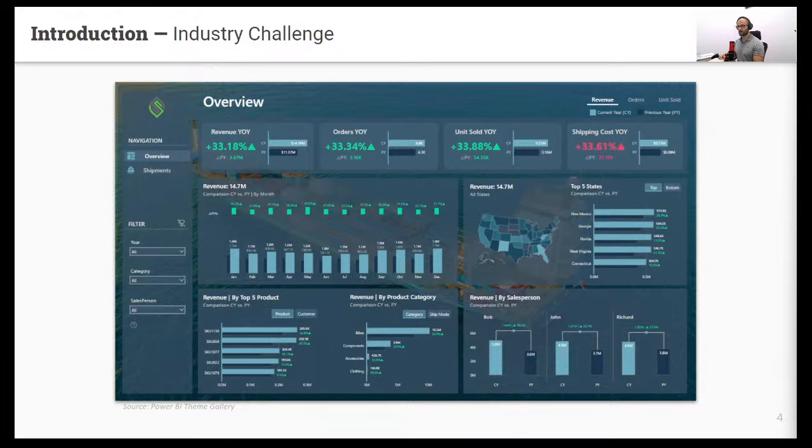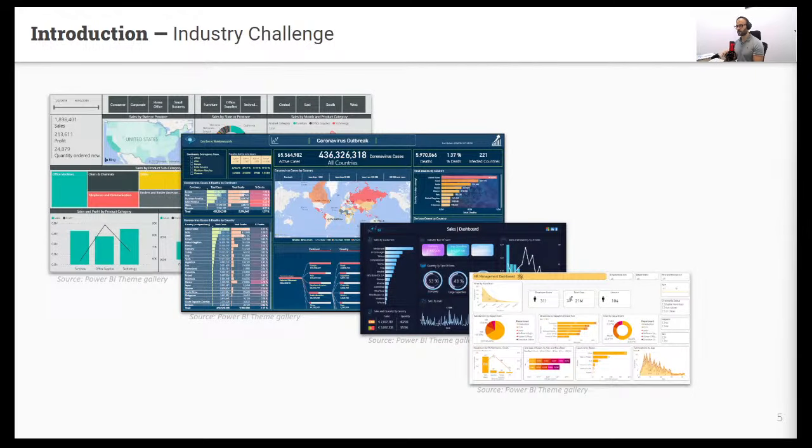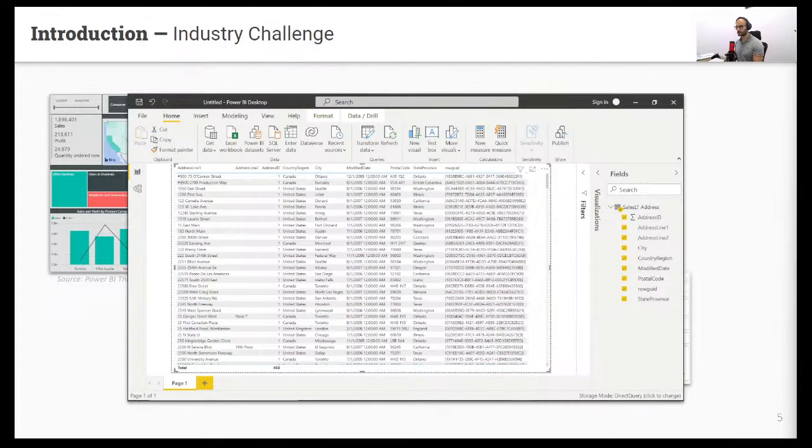And we can often see many other different poorly designed reports out there, but my absolute favorite one is the table. I call this one your customer's favorite exporting tool back to Excel.